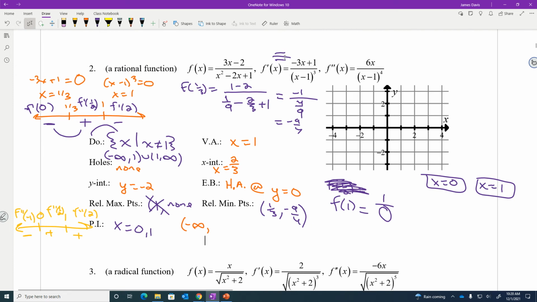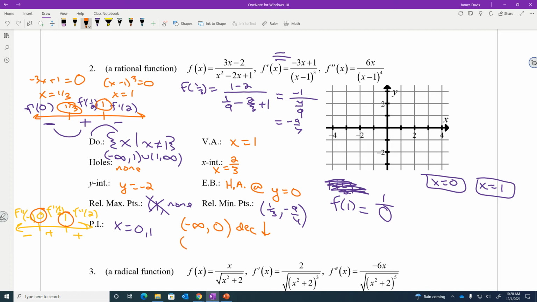So the first one we come to is 0, right? Because these are critical numbers, and here's our inflection points. The first one we come to is 0, so negative infinity to 0. On that interval, we're decreasing because it's negative, and we are concave down. So decreasing and down.